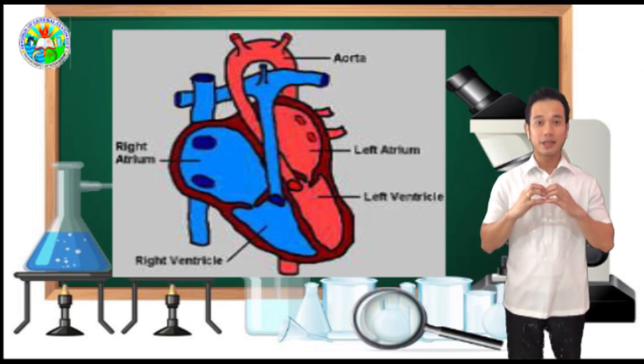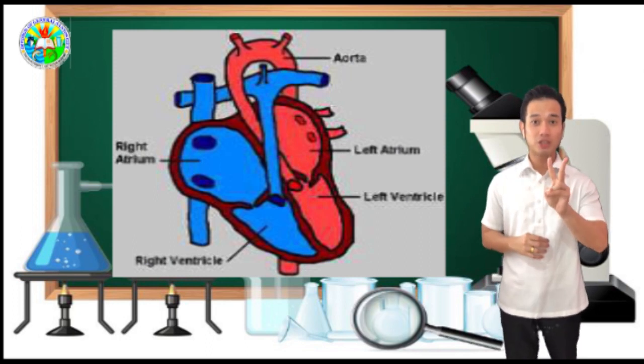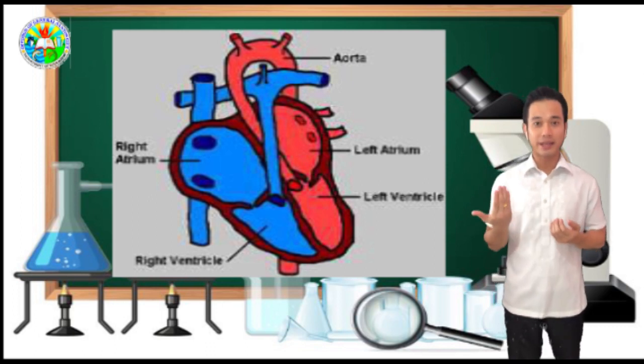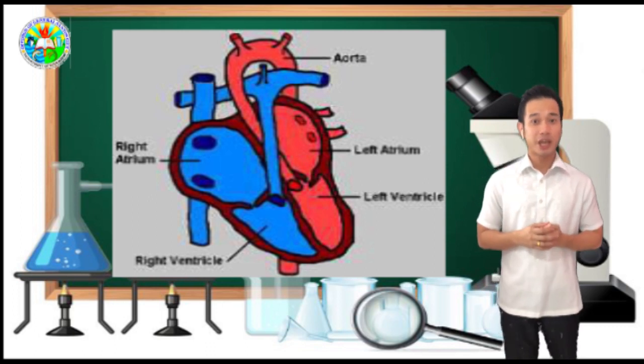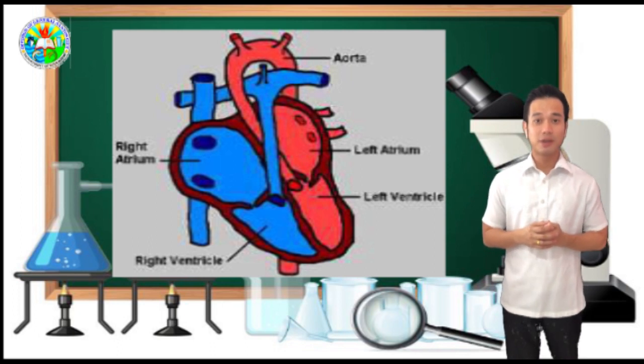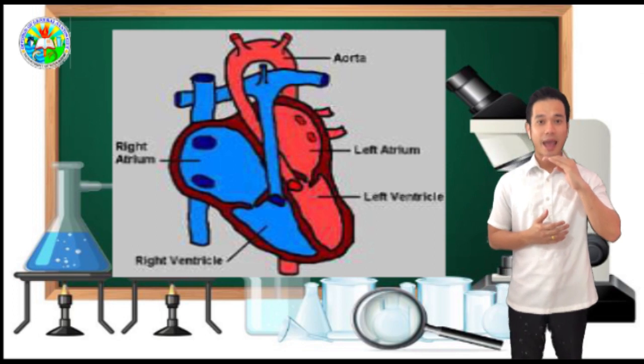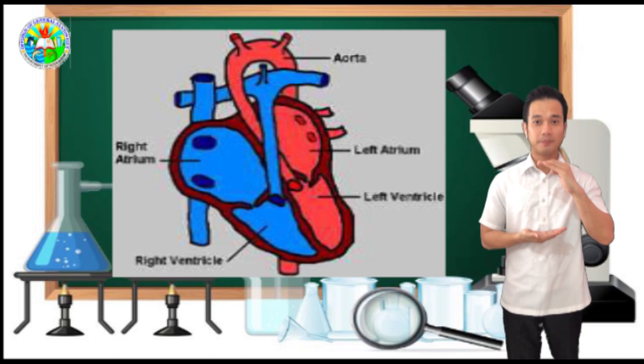Now, the human heart is divided into two major chambers, the left and the right. Each chamber consists of the atrium, which is the upper part, and the ventricle, which is the lower part.